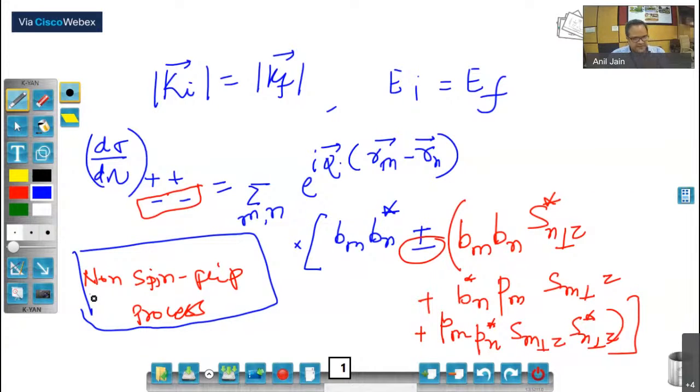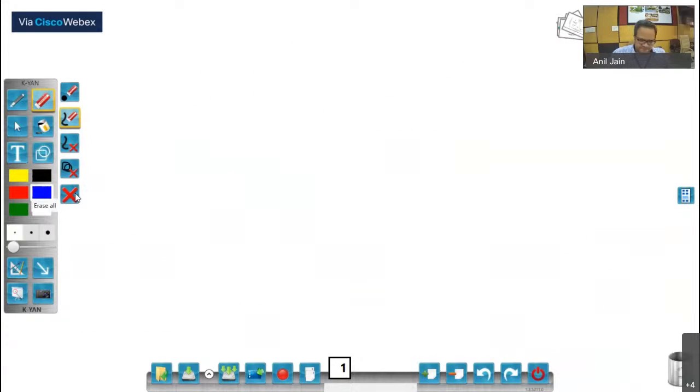remaining two spin flip processes. So let me write the remaining two spin flip processes.